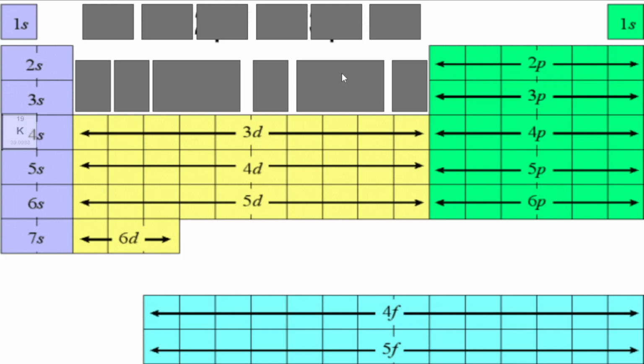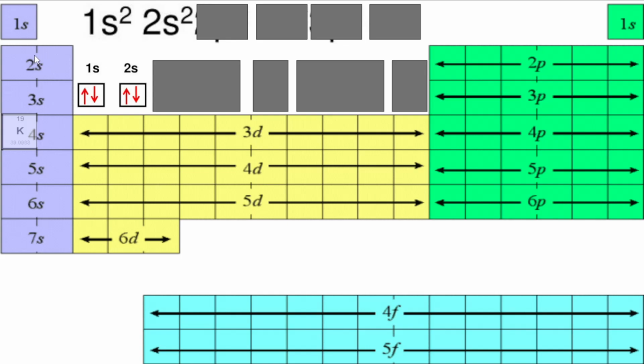We also know that we have to fill every energy level that comes before that. So the 1s will be full, the 2s will be full, the 2p will be full, the 3s is full, and then the 3p is full. So we just start with the lowest energy level first. That would be the 1s. We have 2 spots, right? So 1s2. Then we go to the 2s. We have 2 spots, 1, 2, so 2s2.